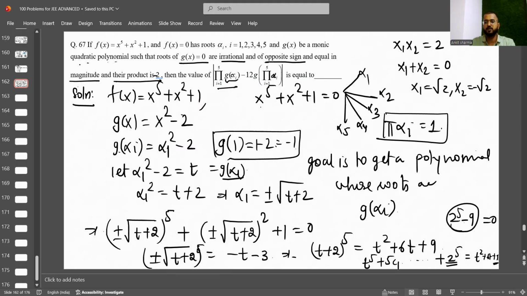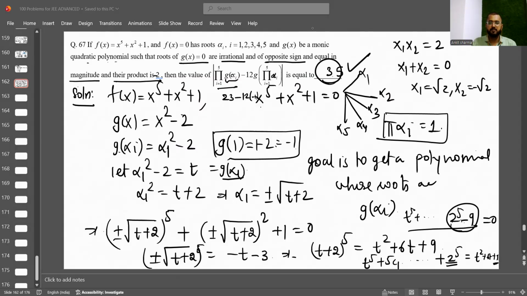So the expression I'm going to get is something like this. This is my constant, which is nothing but the product of roots, and that is with plus. So 32 minus 9 is going to give me 23. So we'll just plug in here. That gives me 23 minus 12 into minus 1. So 23 plus 12. So the answer would be here, 35.